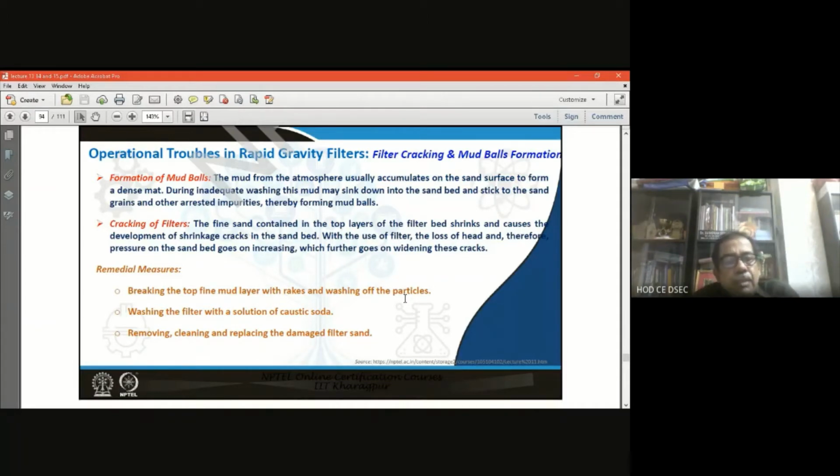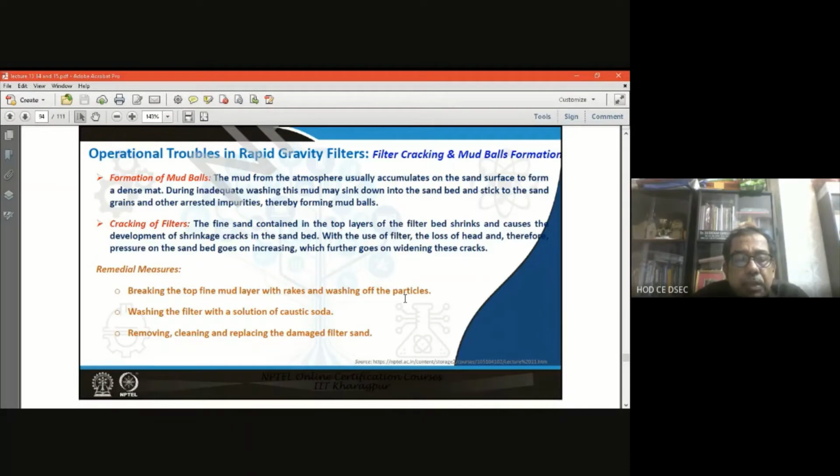This is one problem. So how do we remedy this trouble? Raking the top of the fine mud layer and washing the particles. Again, backwashing is the remedy for removing these mud balls, and this mud layer can also be broken with the help of rakes.